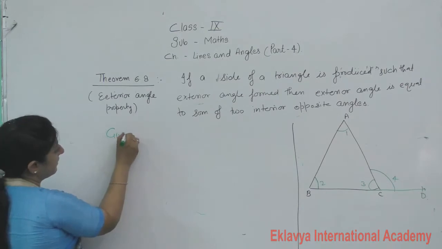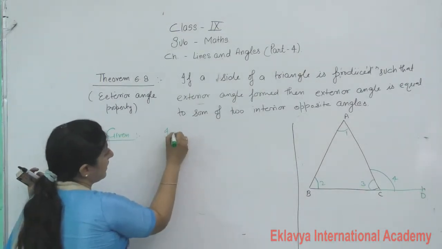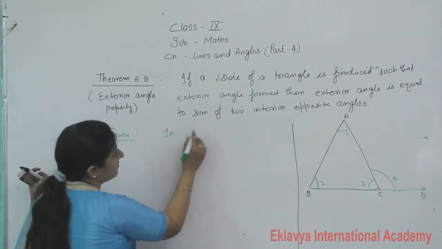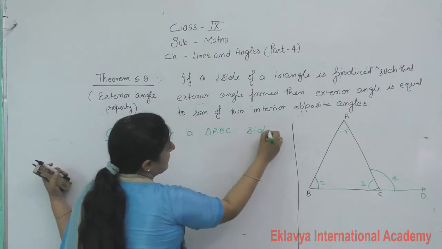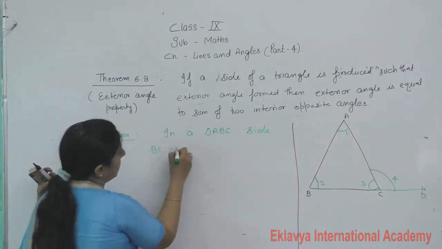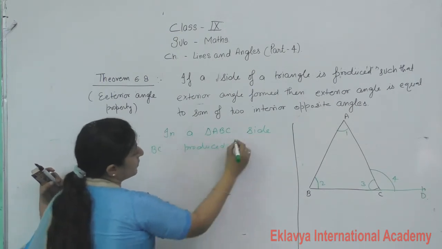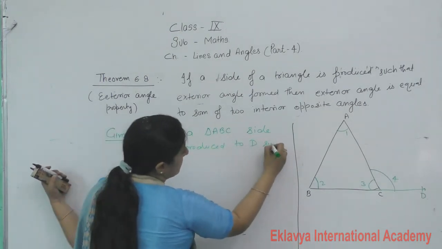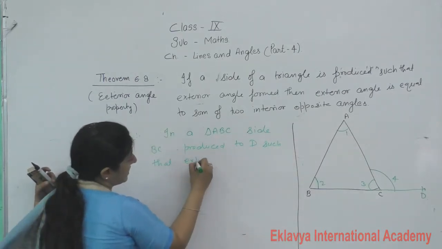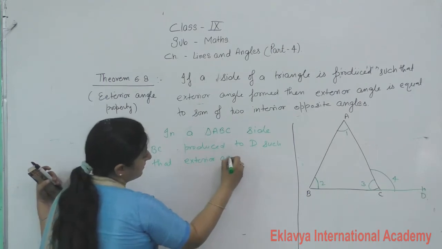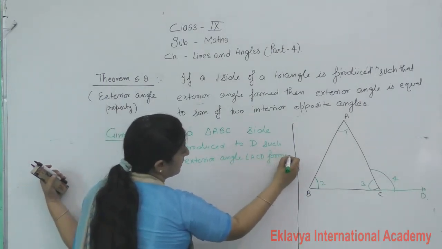Firstly we write down the given: a triangle ABC. In triangle ABC, side BC is produced to D such that exterior angle ACD is formed.